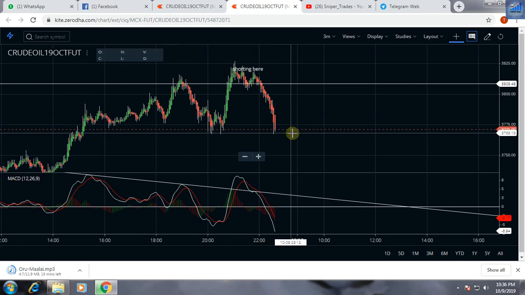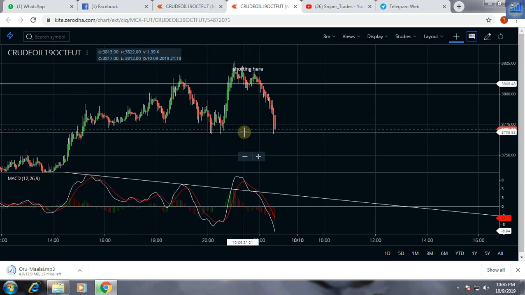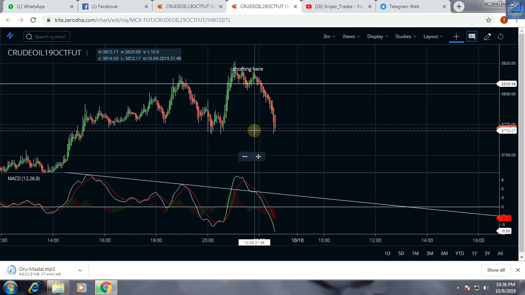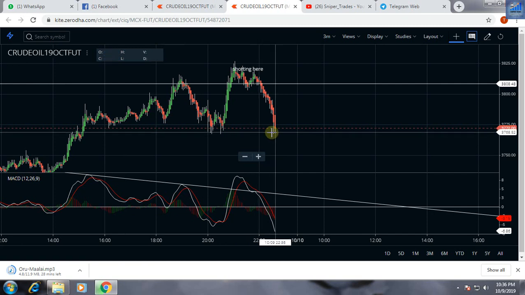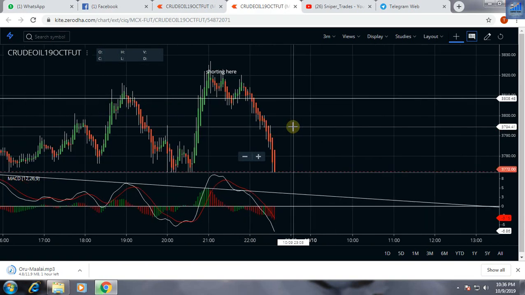As I can see, this is a support and this should break, and as I have tracked the real-time trend, the trend is increasing in the downtrend. So the price may break this level also. There is still a probability.